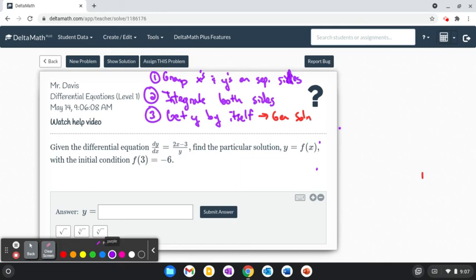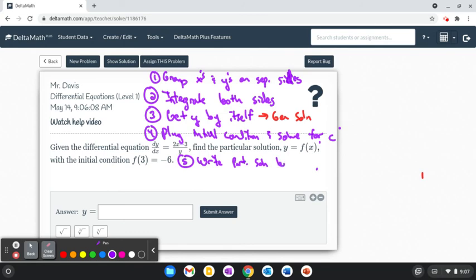After we've done that, we're then going to plug in our initial condition and solve for c. And then the last step is to write the particular solution by plugging in the value we found for c.